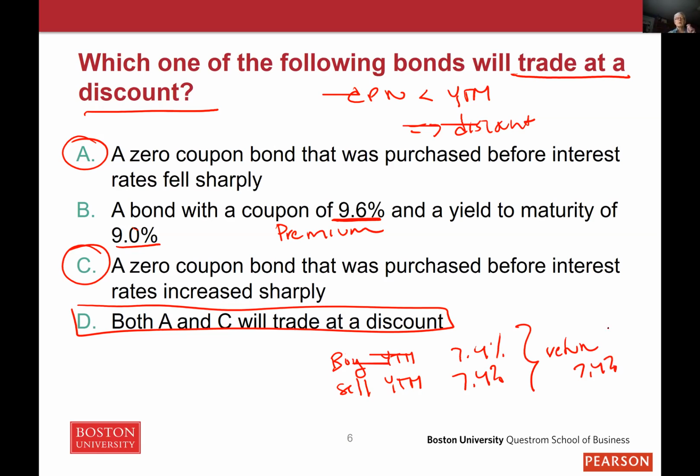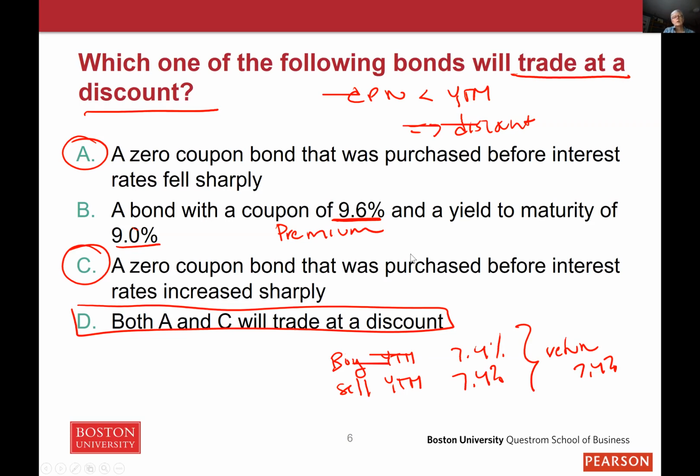So if the yield to maturity doesn't change between when you buy it and sell it, that will be your return. That was one of the other concept multiple choice questions. It's hard to give you concept questions that are fill in the blanks, so we tend to leave those as multiple choice.